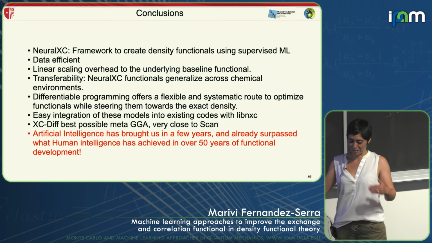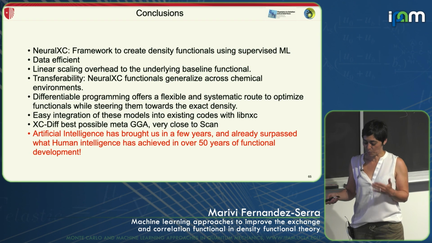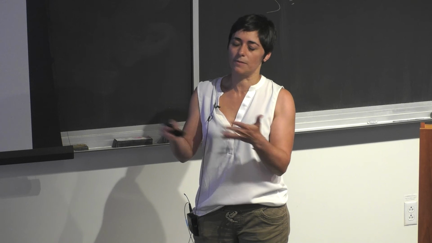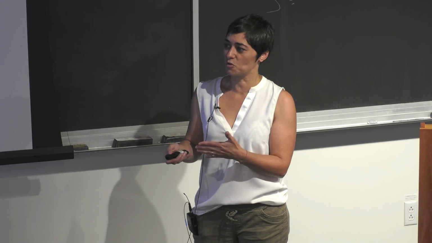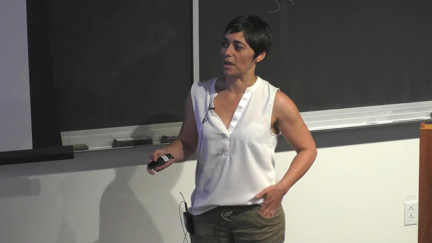I think what we are still missing is more accurate data, and it's not yet clear whether just using these grid-based functionals is the way to go. Probably something more like the way I presented in Atom Center, where you can incorporate many varied effects in a much more out-of-the-box way, might be the right way to go.